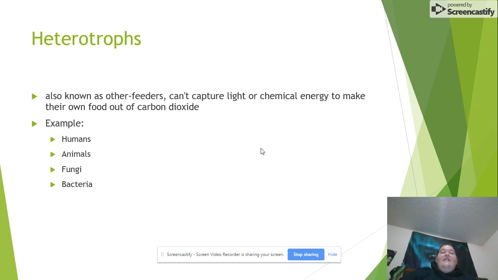They have to eat the autotrophs in order to get the energy that they need. So examples would be humans. We are heterotrophs. Any kind of animal, many different kinds of fungi, and many different types of bacteria are also considered heterotrophs. We all can't make our own energy.